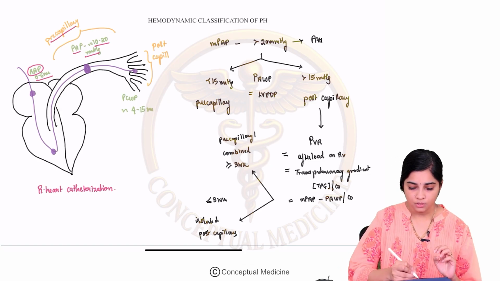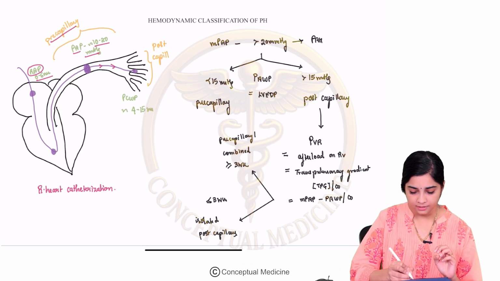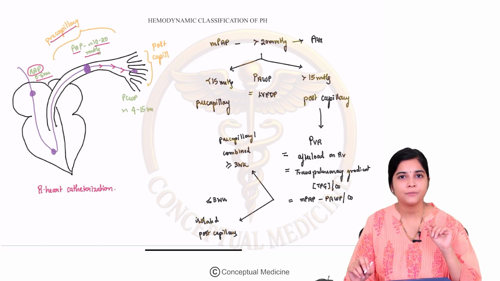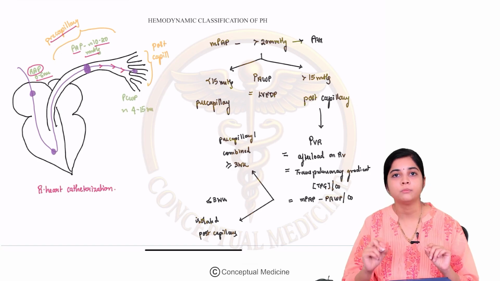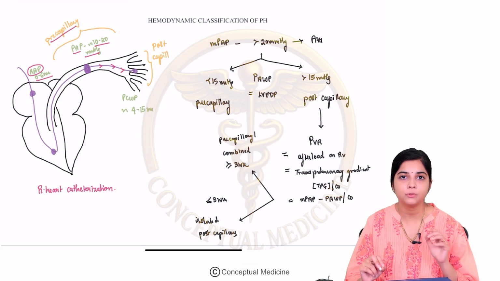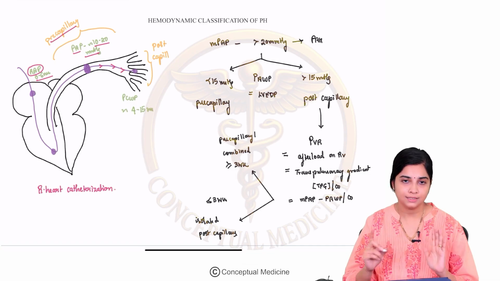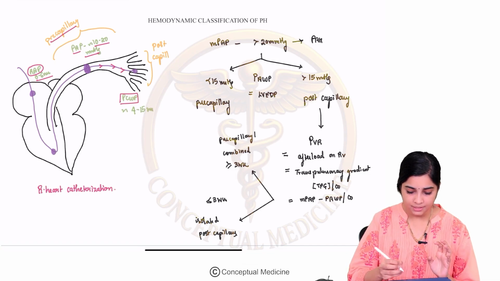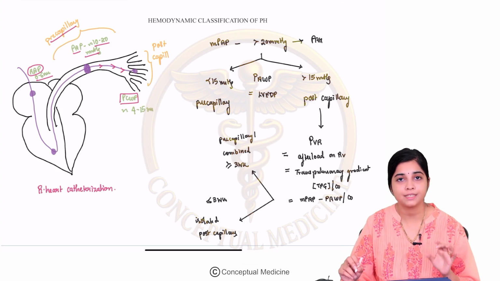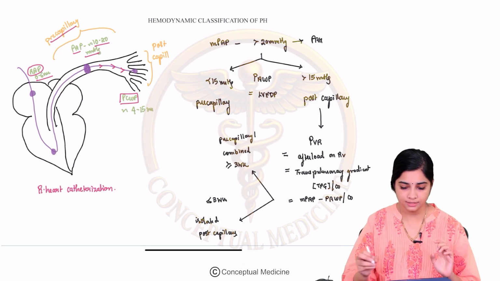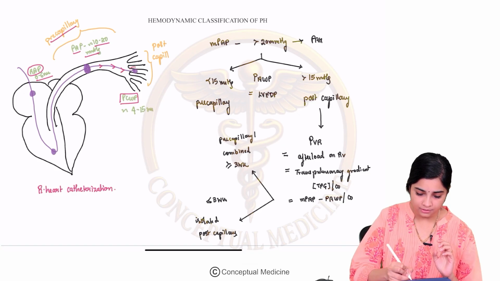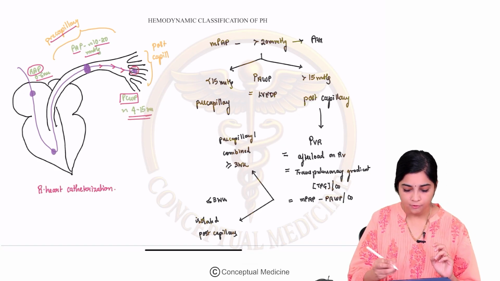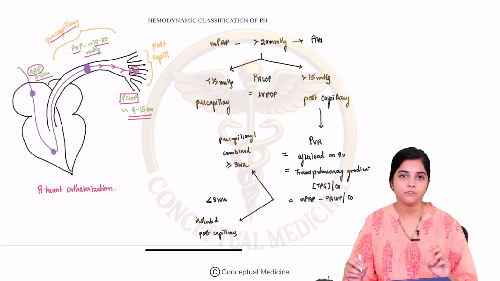Now once you move ahead in the pulmonary artery and reach the capillary, we go up to a point where the catheter cannot move any further. This is what we call the pulmonary capillary wedge pressure. That is, the catheter is wedged within the capillary. This is about 4 to 15 millimeters of mercury.